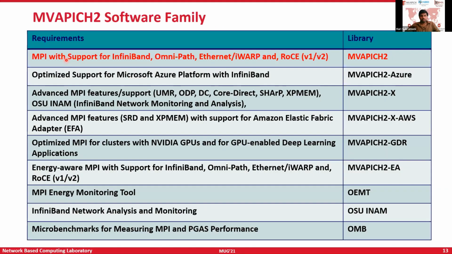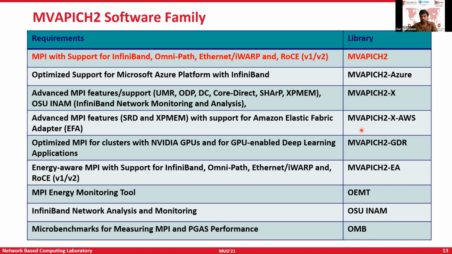Now let me go into some of our particular use cases, particular libraries, and discuss some of their features here. I'll talk about MVAPICH2, MVAPICH2-X, and MVAPICH2-GDR in this talk. Some of the other aspects will be covered by various other talks in MUG. For instance, Jitin will be talking about MVAPICH2 on Azure.